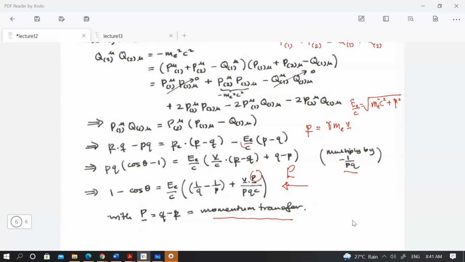That is just the modification that appears when you have the electron in motion. Perhaps the thing that one should take from this is that the Compton formula is really coming from the idea of four momenta of the photon. That's the main lesson to take from here.